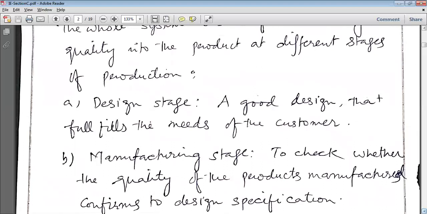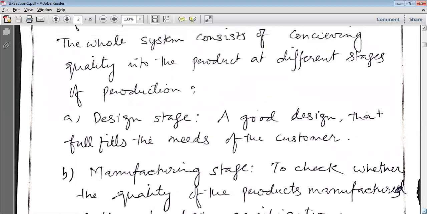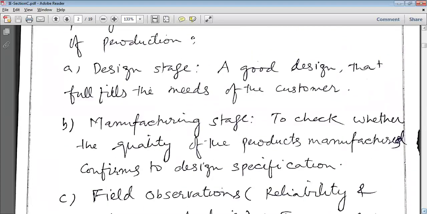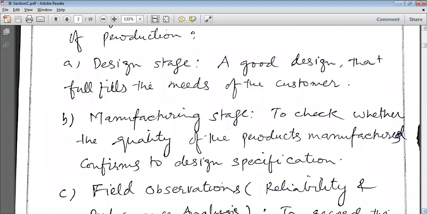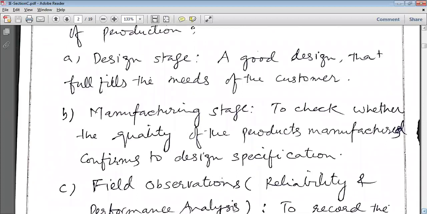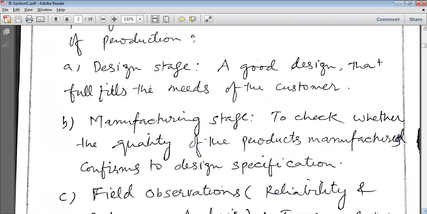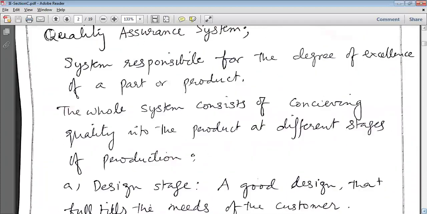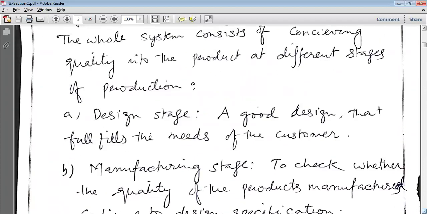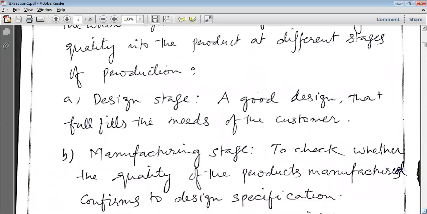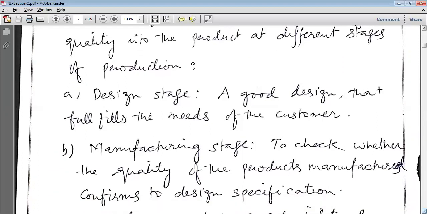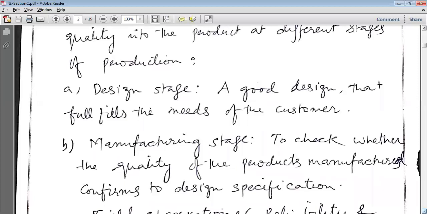This constitutes the quality systems: design stage, manufacturing, and then after manufacturing, the running or field observations. So these three constitute the quality aspects of a quality assurance system. The design stage, as I discussed, is a very crucial and important stage, and at this stage most of the quality is injected.